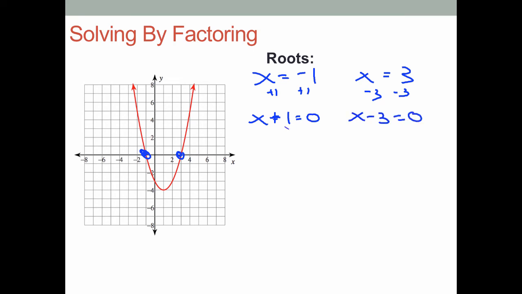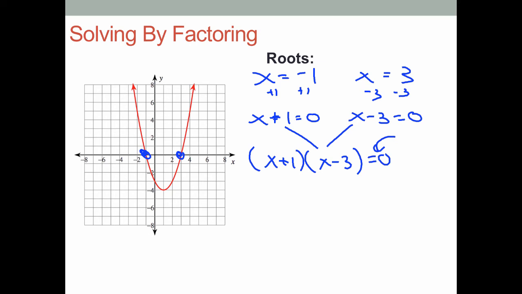Now I can combine these into x plus 1 times x minus 3 equals 0. Now I told you to ignore the 0 in most cases, just treat it as a y. But in this case, the 0 is very important because that is what we're solving. We need a number in there so that we can solve a quadratic equation.